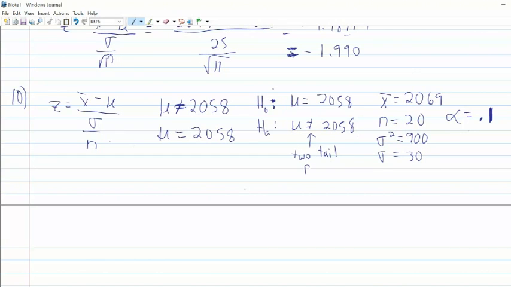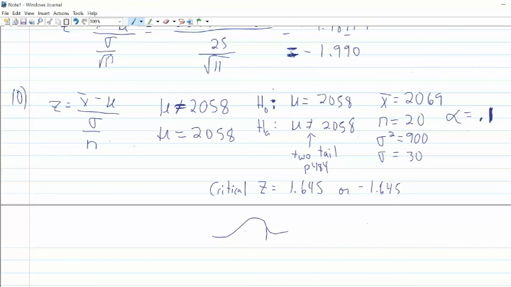Look around page 484 for that table that I was talking about, and you will see that your critical Z, since it's two-tailed, is 1.645, or really that or negative 1.645, because it's two-tailed, the critical values are on both sides.